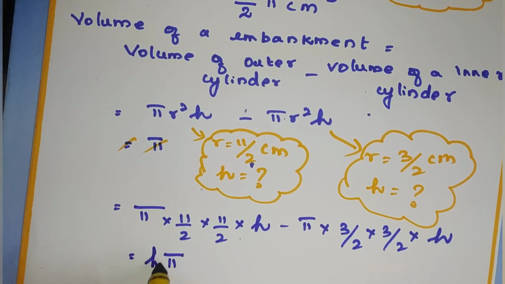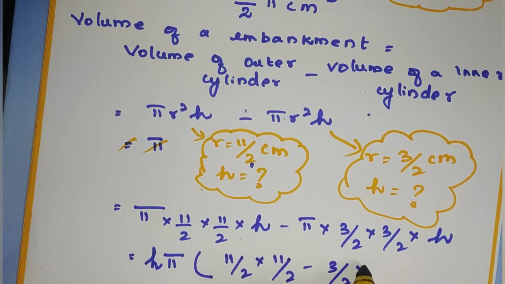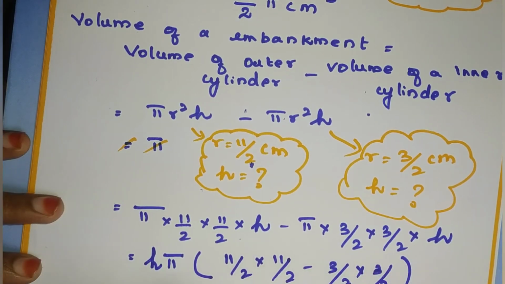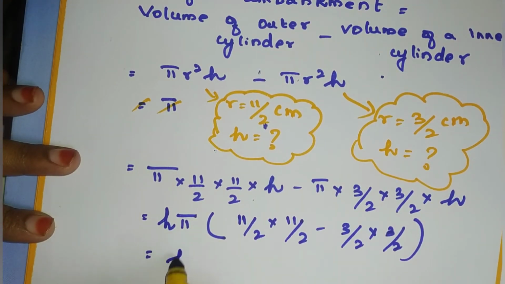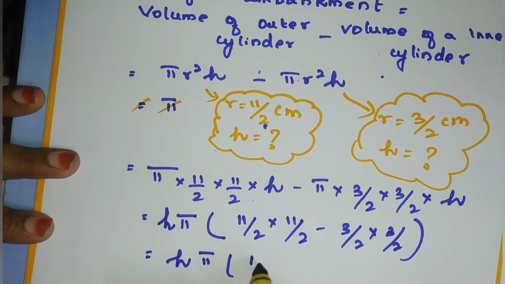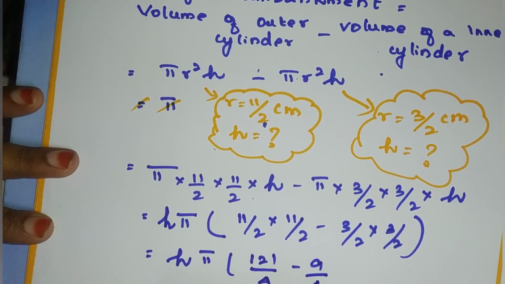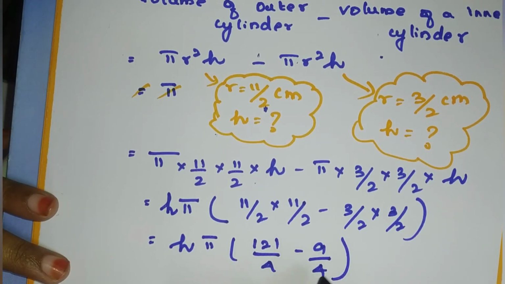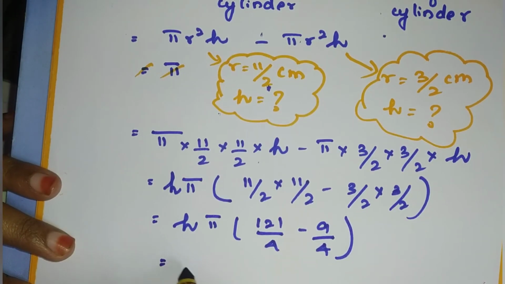The remaining is, multiply and take LCM. 121 divided by 4 minus 9 by 4.